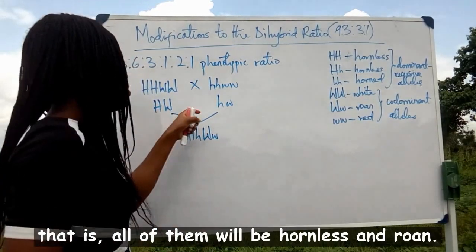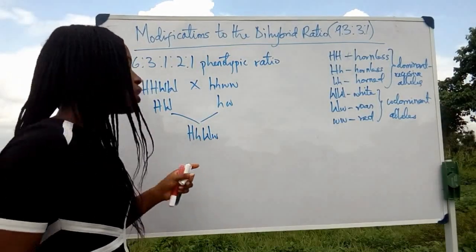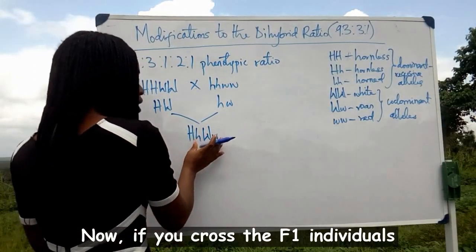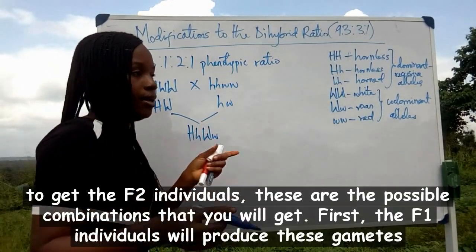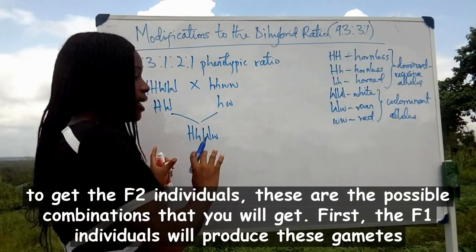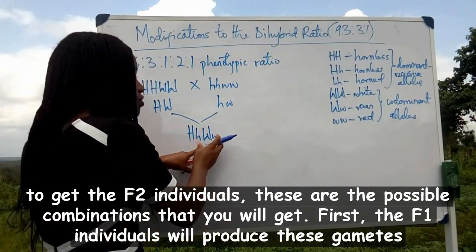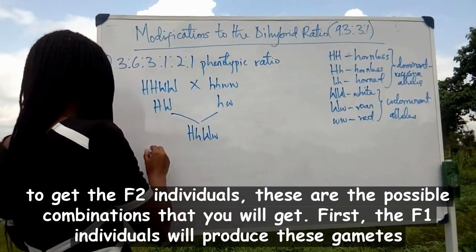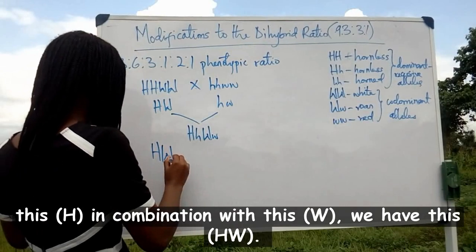That is, all of them will be hornless and roan. Now, if you cross the F1 individuals to get the F2 individuals, these are the possible combinations that you will get. First, the F1 individuals will produce these gametes. This in combination with this, we have this.